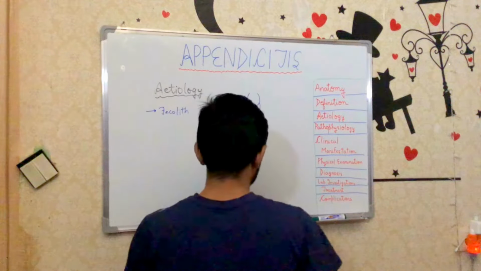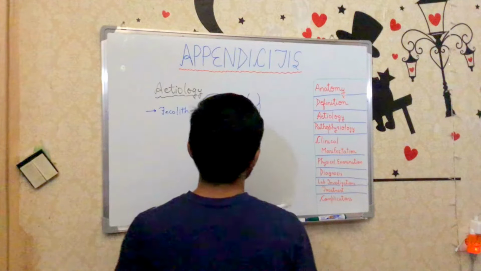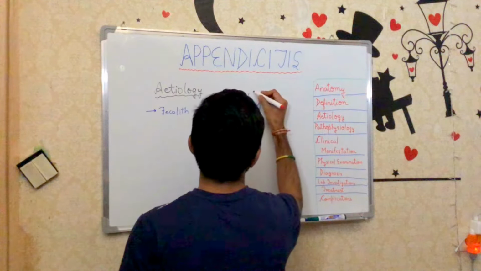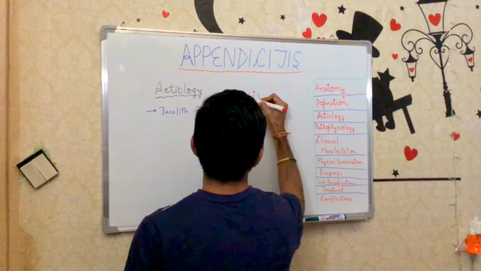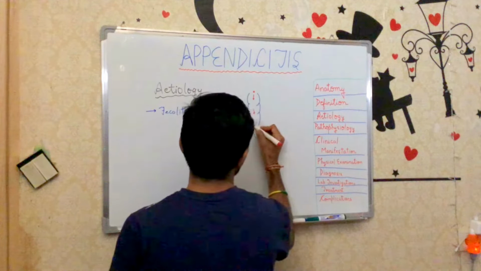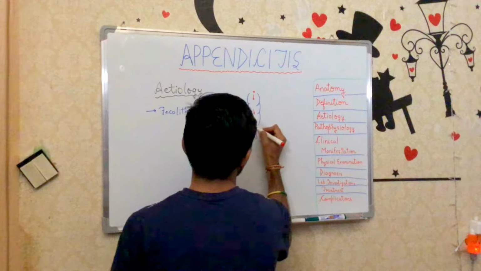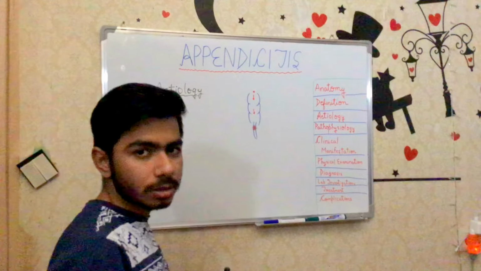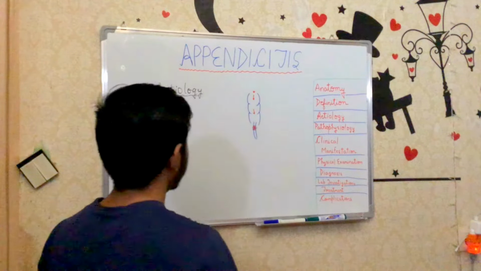Now, if any fecalith comes over here and gets stuck in the appendix, what will happen?